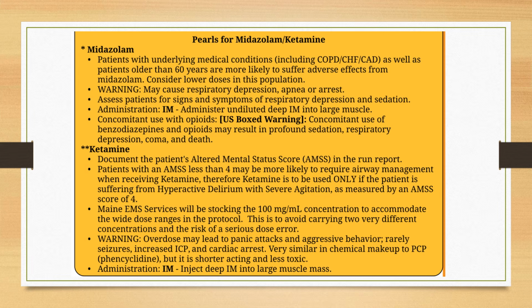Therefore, ketamine is only used if the patient is suffering from a hyperactive delirium and severe agitation, as measured as an AMSS score of 4. Maine EMS services will be stocking 100 milligrams per ml concentration to accommodate this wide dose range of the protocol.